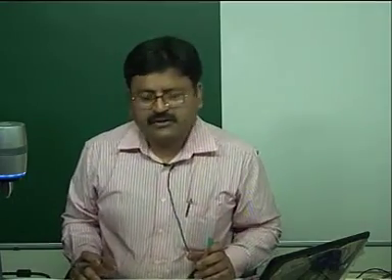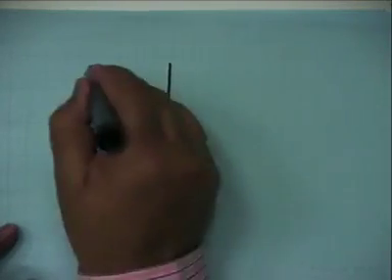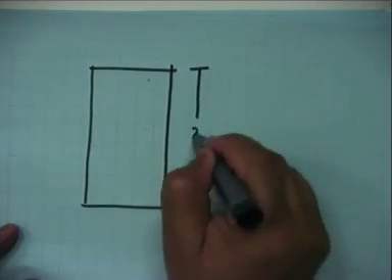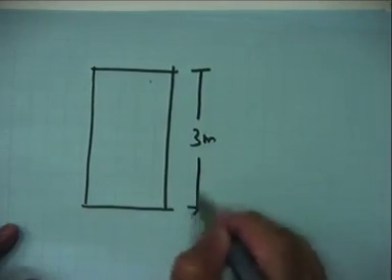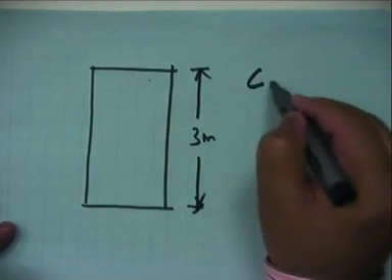What they do is, suppose they want to calculate the pressure at different heights of the column. So, let us say they make a sample in which the column height is, let us say, 2 meter or maybe even 3 meter. Let us say this is 3 meter. They took a given type of cement.